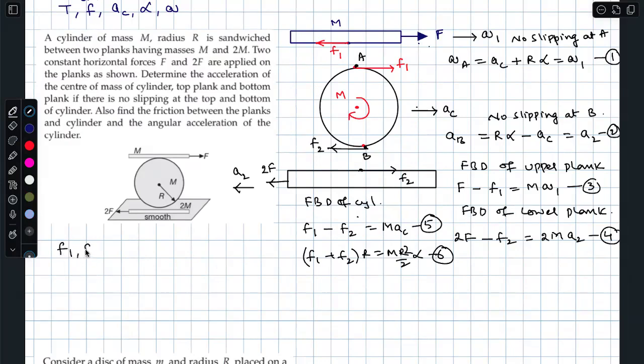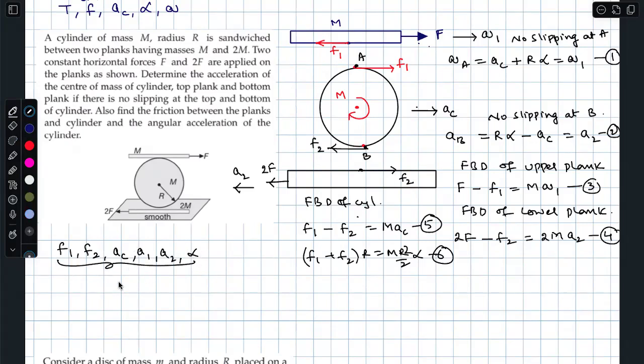F1 is an unknown, F2 is an unknown, AC is an unknown, A1 is an unknown, A2 is an unknown, alpha is an unknown. How many unknowns are there? 1, 2, 3, 4, 5, 6.